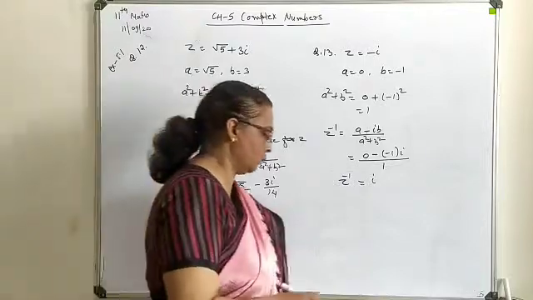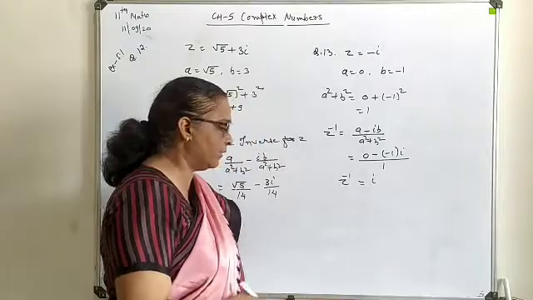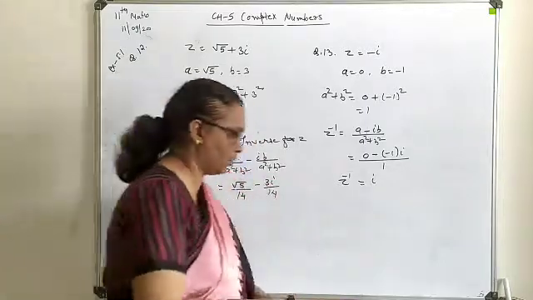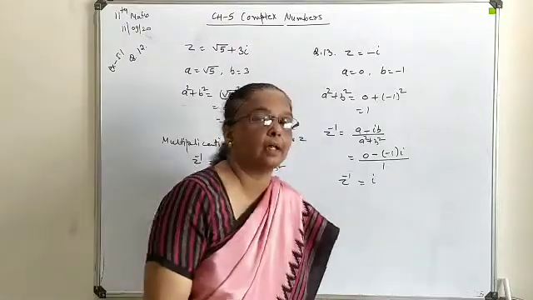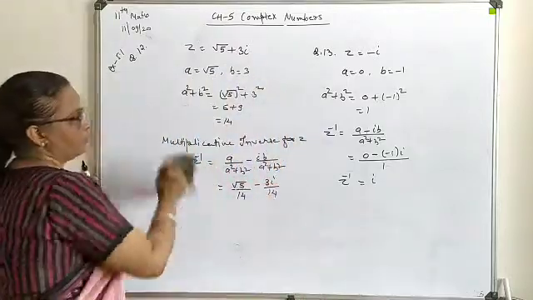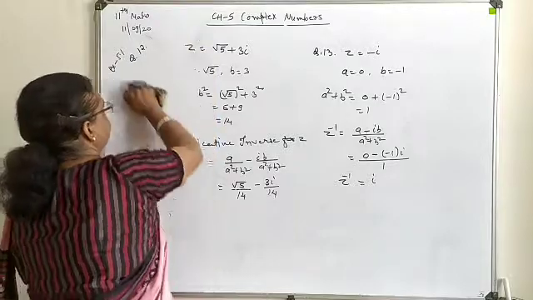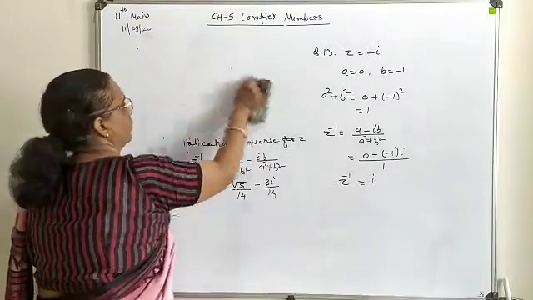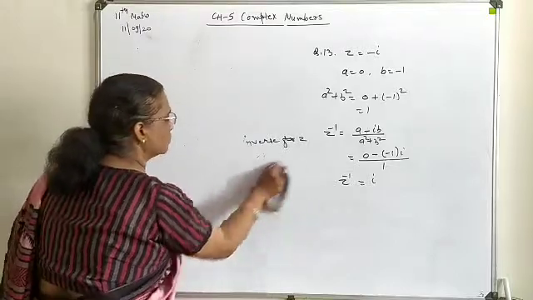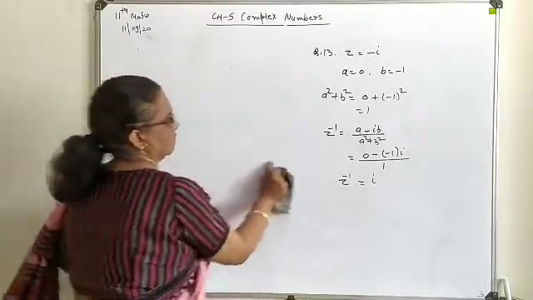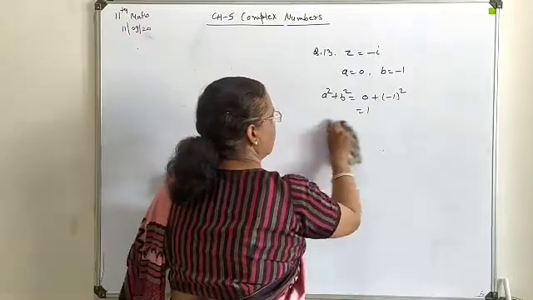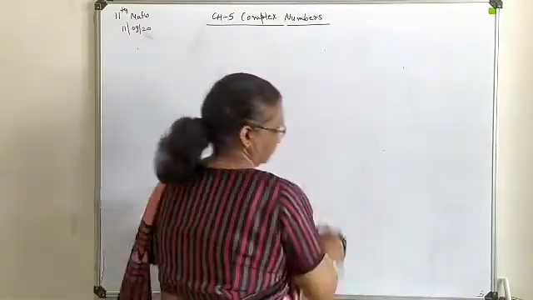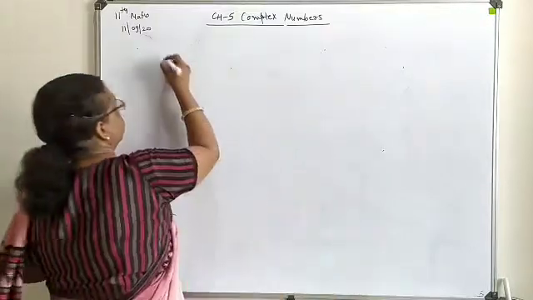Now the last question of this exercise is available. We have to convert the given expression into the standard form, that means a plus iota b. So let's try to understand what the expression is.